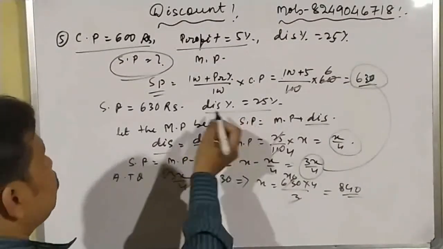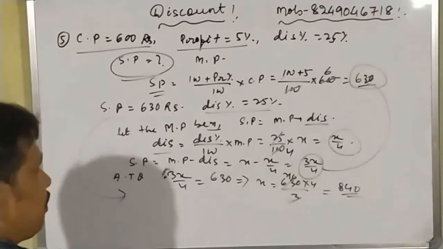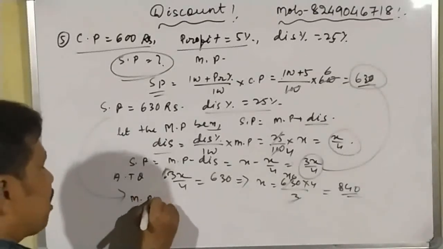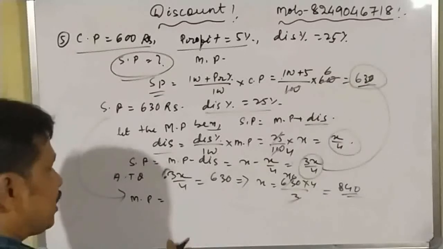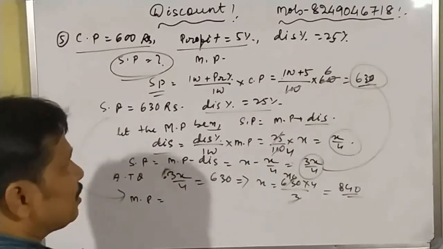And by using the direct formula also we can find out the mark price. So what is the direct formula to find out the mark price from the selling price and discount percentage?